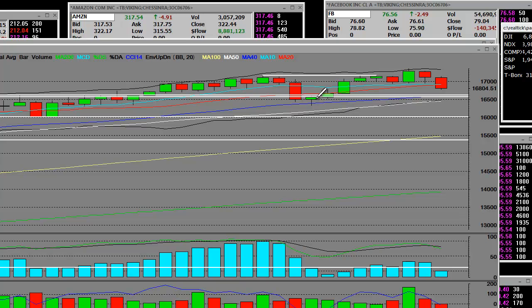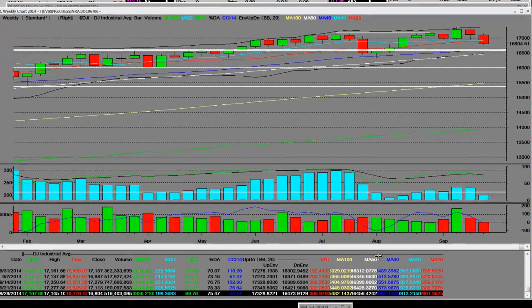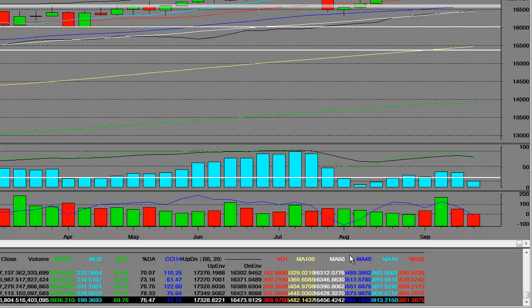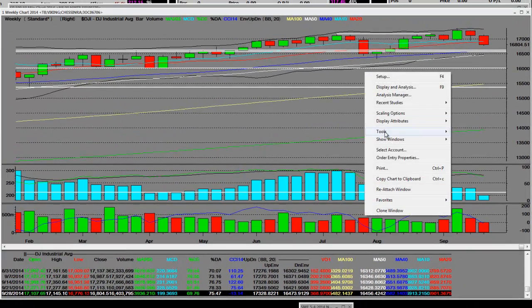And we have clearly said that the 50-week simple moving average is going to be at 16,456 on the Dow. That white line is a very significant support level.